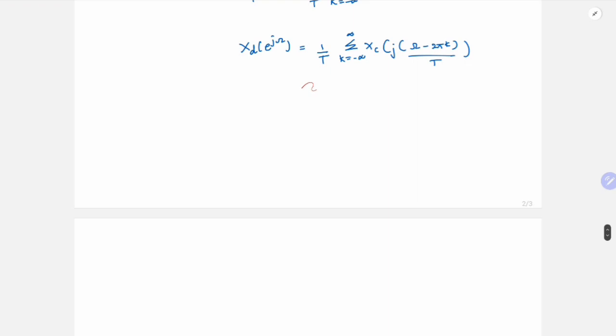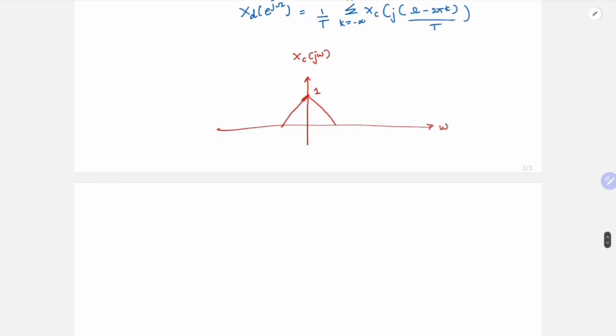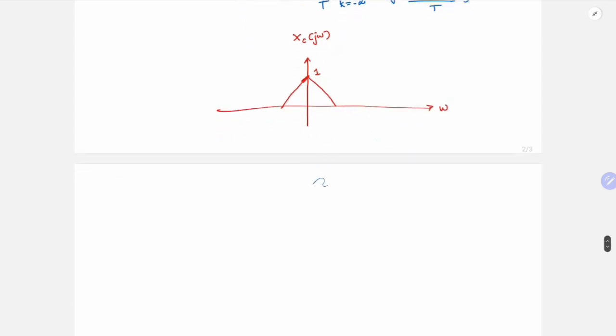Let's say my Xc of j omega is band limited to something like this. So this is omega and the highest point has a value of 1. Then my impulse train sampling of this would have a scaling of 1 by T, right?